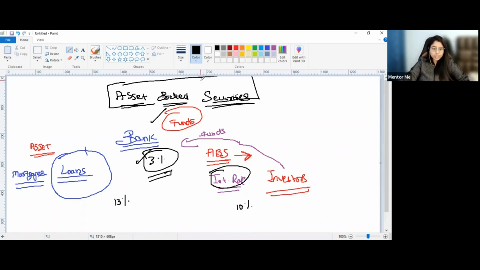Okay, so you can note down this whole diagram also for your future reference, not to just remember what exactly asset backed securities are, how they are structured. At one end we have the assets of the bank, in the middle we have bank, and on the other hand we have the investors who invest into these ABS.